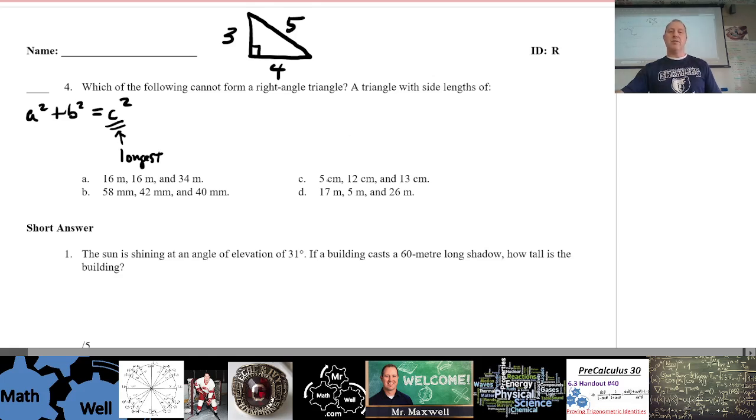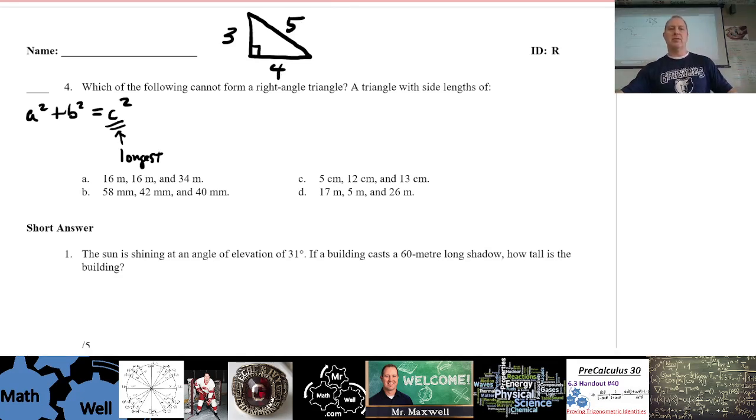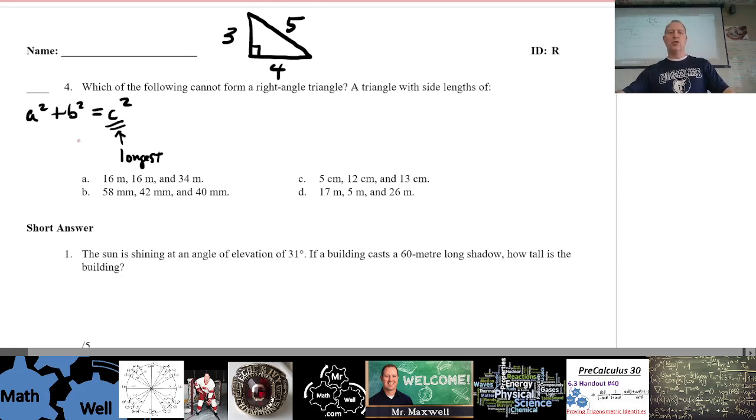So if you have side lengths that are all multiples, the first one is a multiple of 3, and then the same multiple of 4 and the same multiple of 5, if it fits within this pattern, then you know it's a right triangle. But probably the best is just to quickly try the 2 small ones, square them and add them, and then see if it equals the square of the longest one. So the first one we'll try real quick. 16 squared plus 16 squared equals 34 squared.